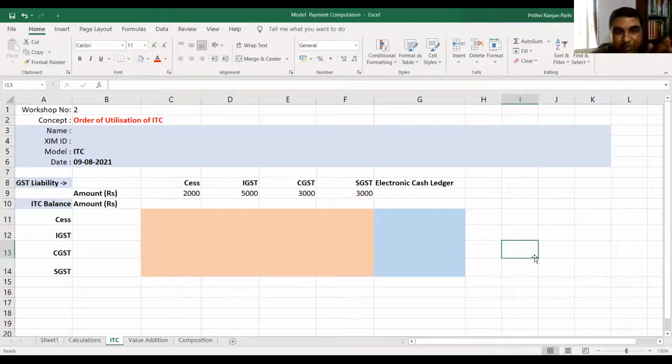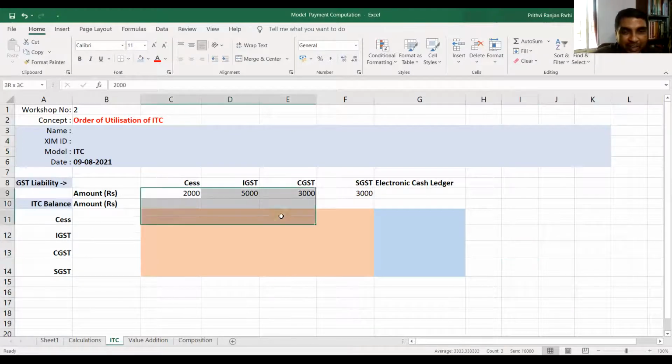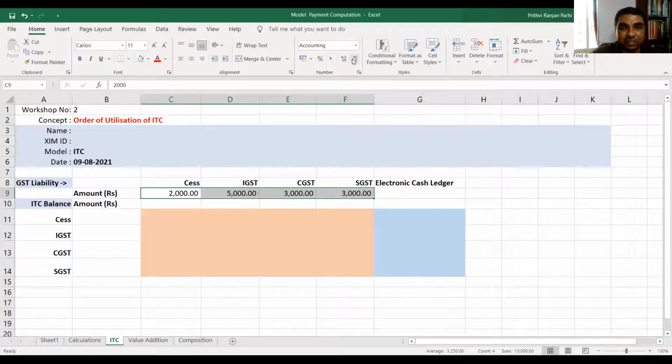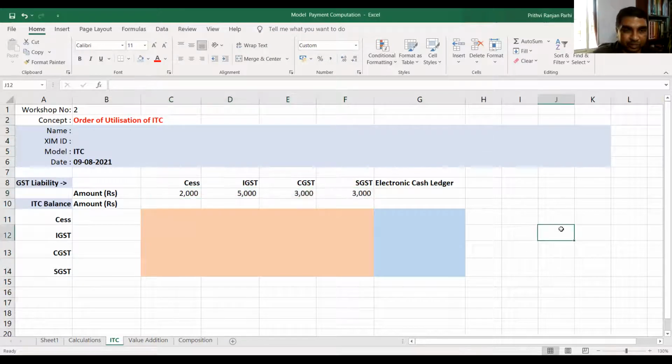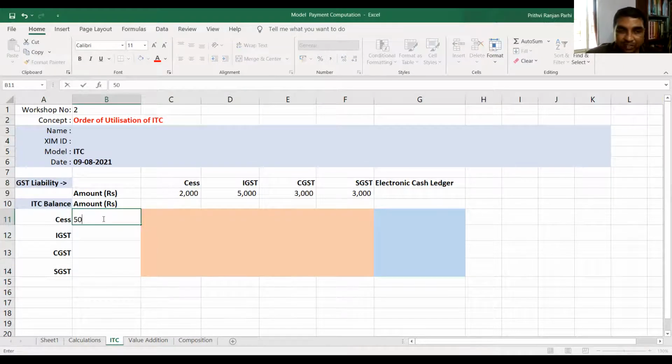Now let me explain with the help of an example. These are my GST liabilities, and this is my input tax credit, something like this. Here I am taking, let us say, 5,000 rupees. Here, let us say, 6,000 or 7,000 rupees.